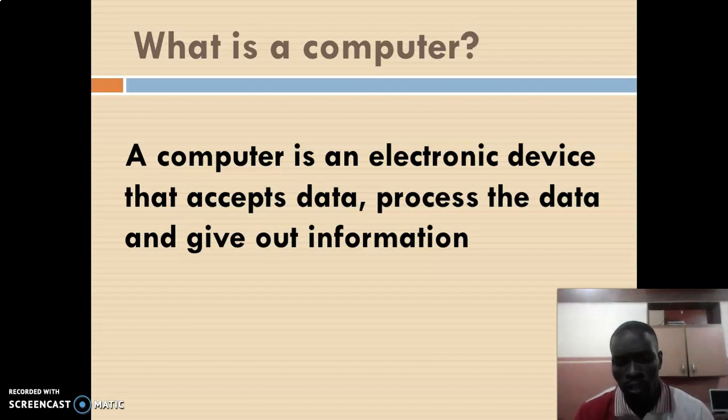So you can put it this way: a computer is any device that processes data. Now, when we talk about electronic device, the television is an electronic device, the radio is an electronic device. But what makes the computer different is the fact that it accepts data, processes the data, and gives out information.